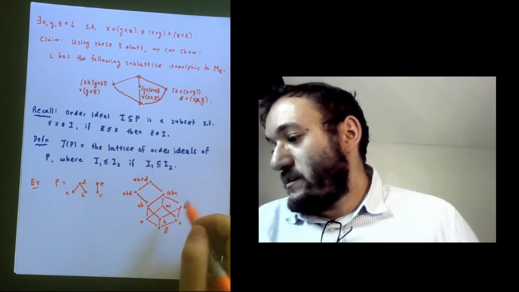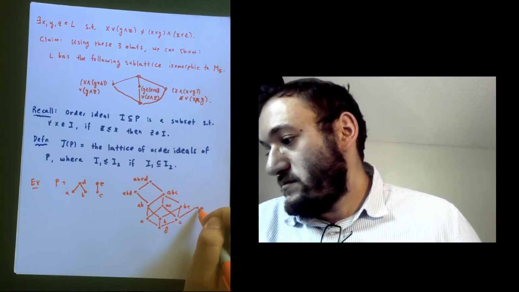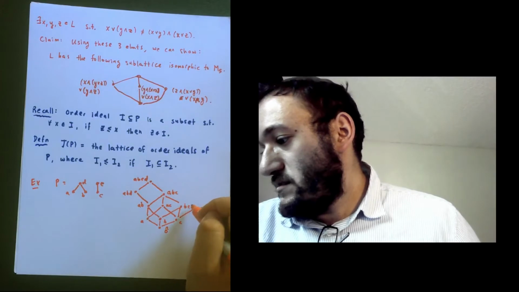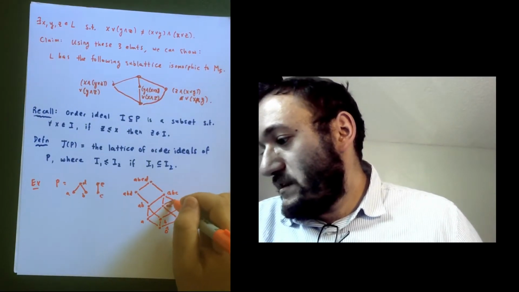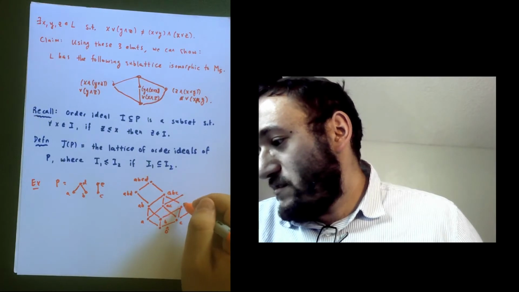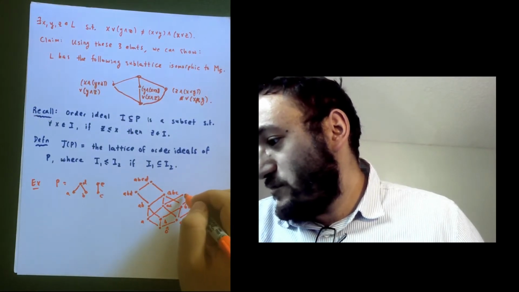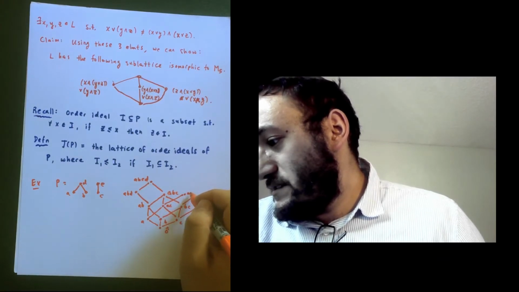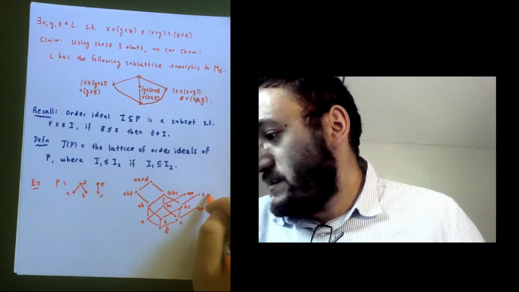Once we have C, we could also have E. So that'll be CE. And then we could put A together with that, or B together with that. So that'll be ACE, and this one will be BCE.